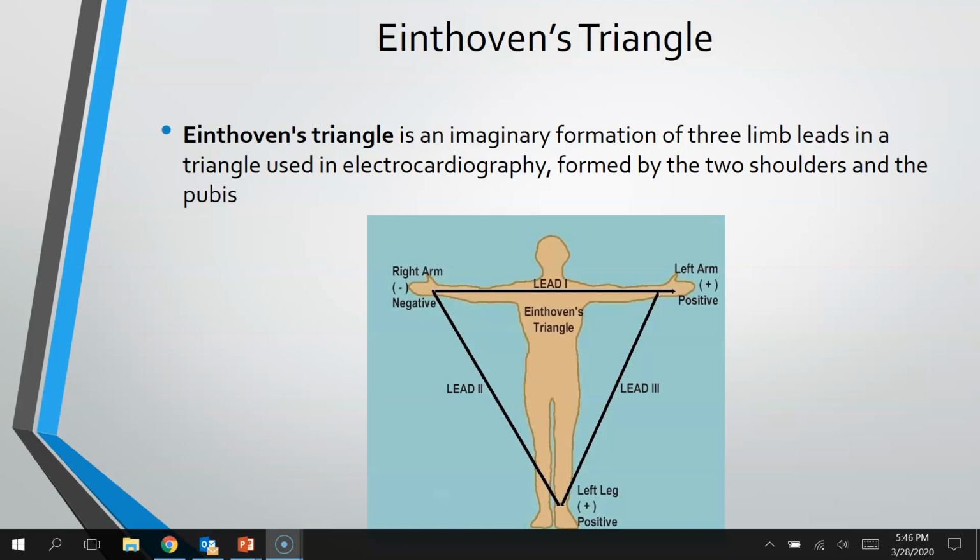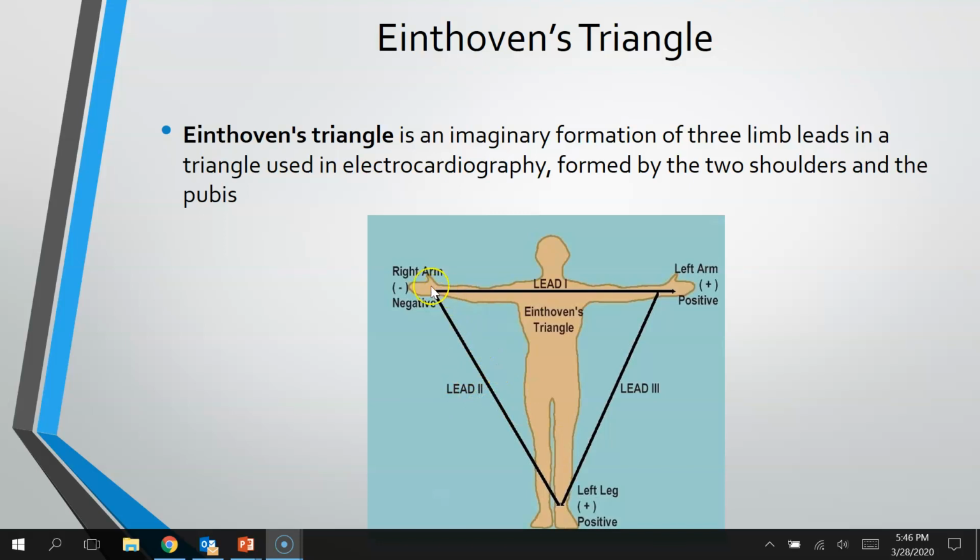Einthoven's triangle is actually an imaginary formation of 3 limb leads used in an EKG. And so we look at that, and that's going to tell us where each lead's picture is happening. So we can see that lead 1 is taking a picture from the right arm to the left arm.